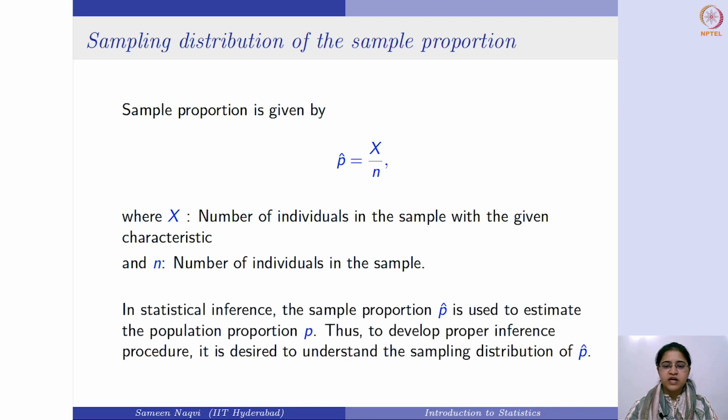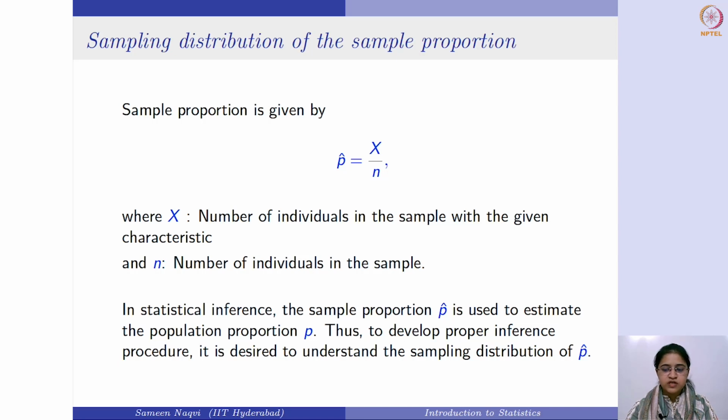And if you note that here this x is basically your binomial random variable, because when it is a binomial random variable, the random variable x is the number of successes in n independent Bernoulli trials. So here also, x is the number of individuals in the sample with the given characteristic.